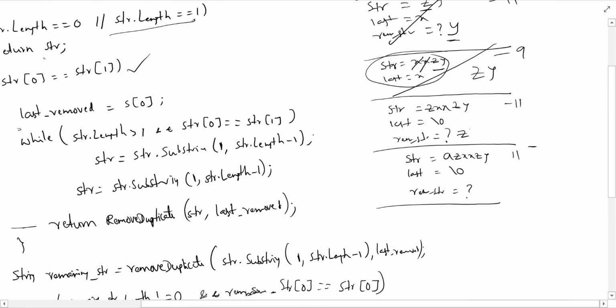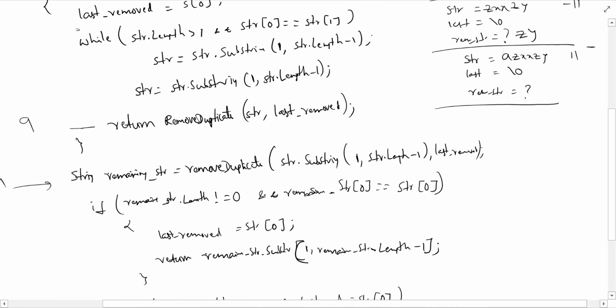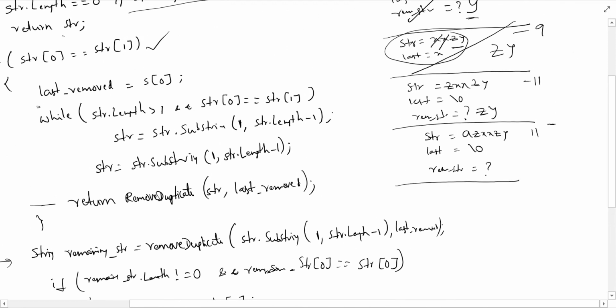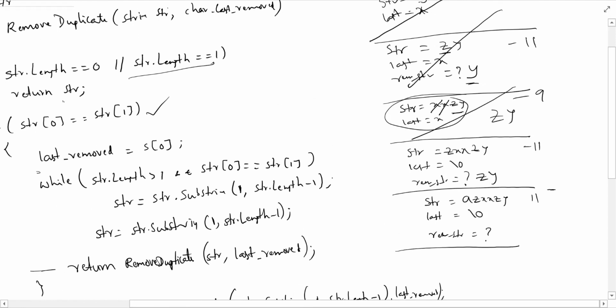Now it came to the 11th step. Again it will start. Is it not equal to 0, string of 0, string of 0? So see, it came here, it's the resultant. This is the string. Is the first character and the remaining first character the same? Yes, it is the same.